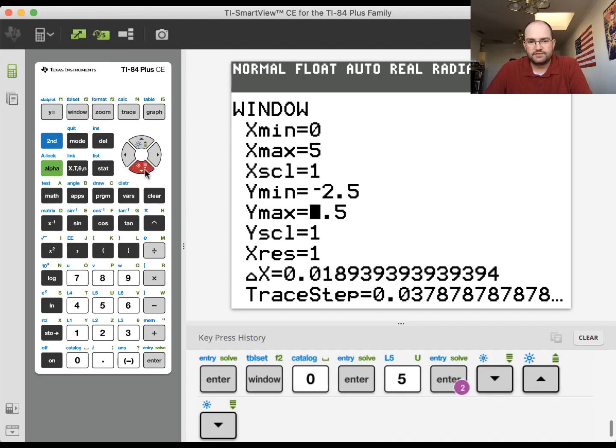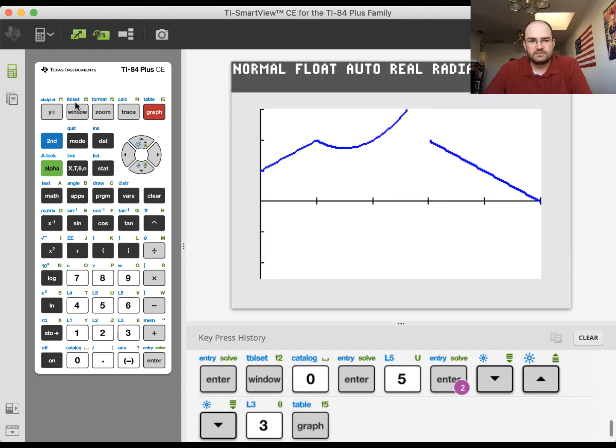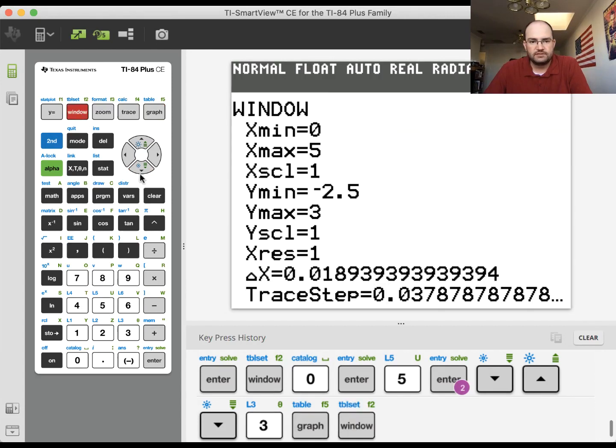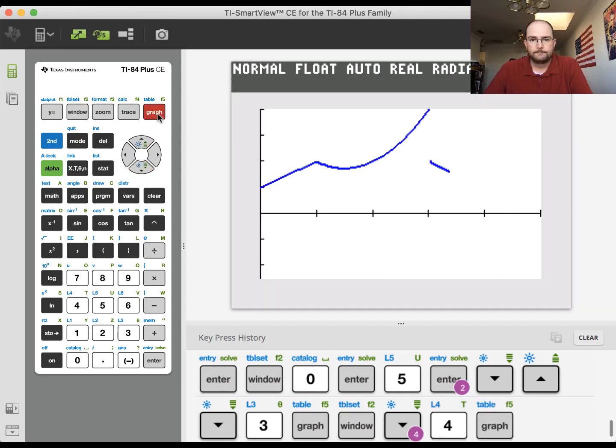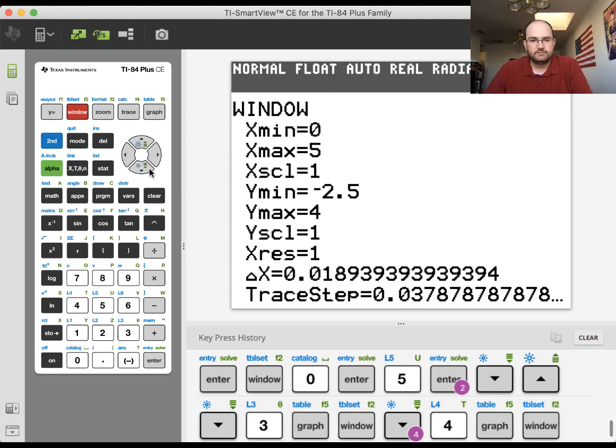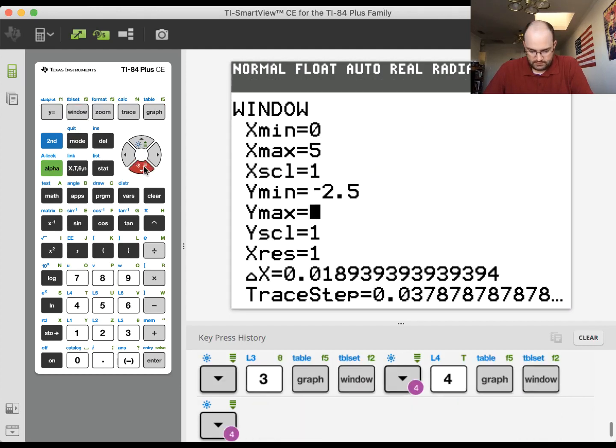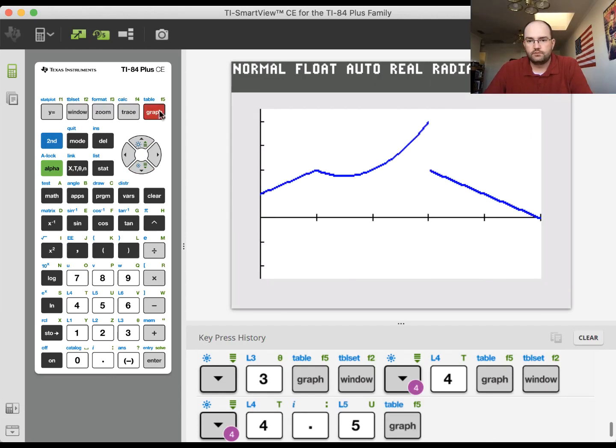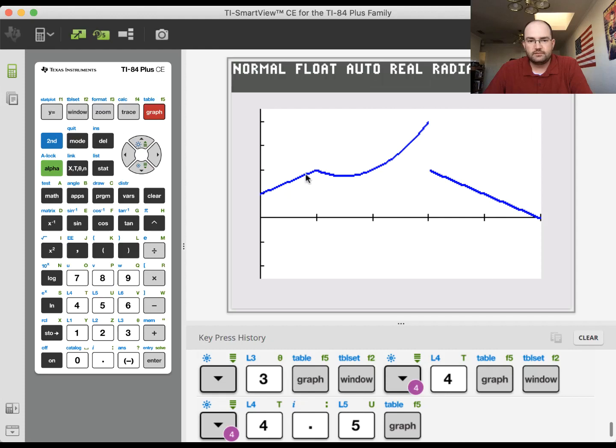Let's make the max 3. Still not enough. Let's make the max 4. No, still not enough. 4.5. Okay, good deal.